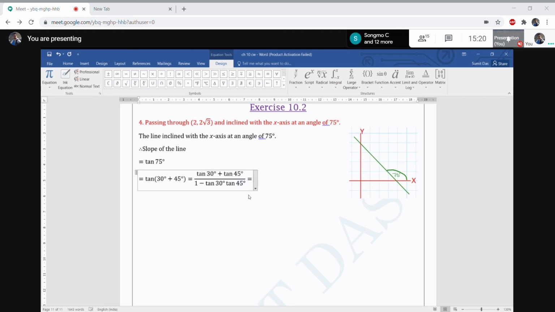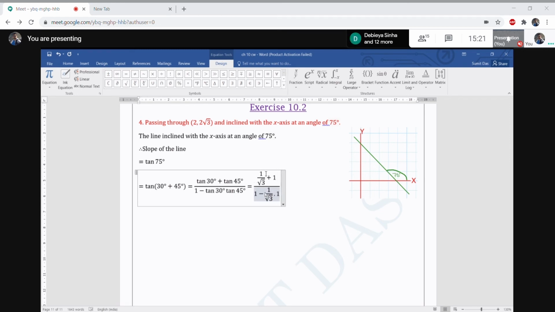If you put the values, tan 30 degree value is, I guess, 1 by square root of 3, plus tan 45 is 1, and here 1 minus tan 45 into tan 30 degree value is 1 into 1 by root 3.